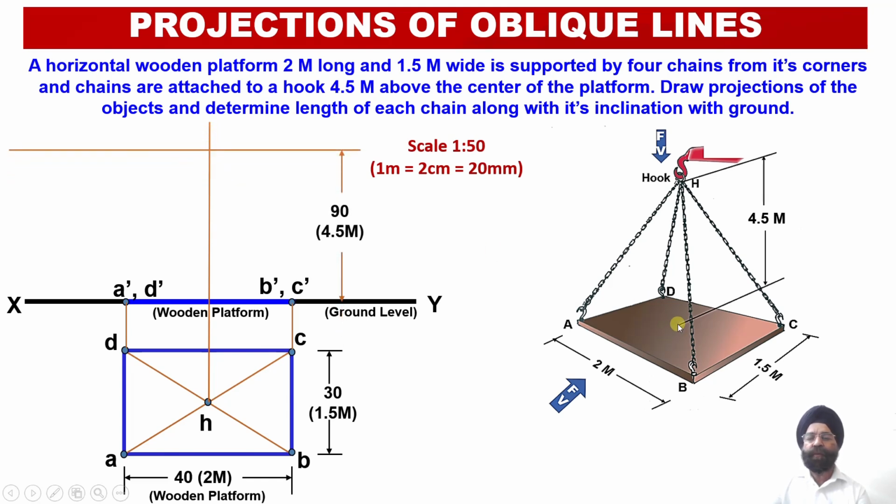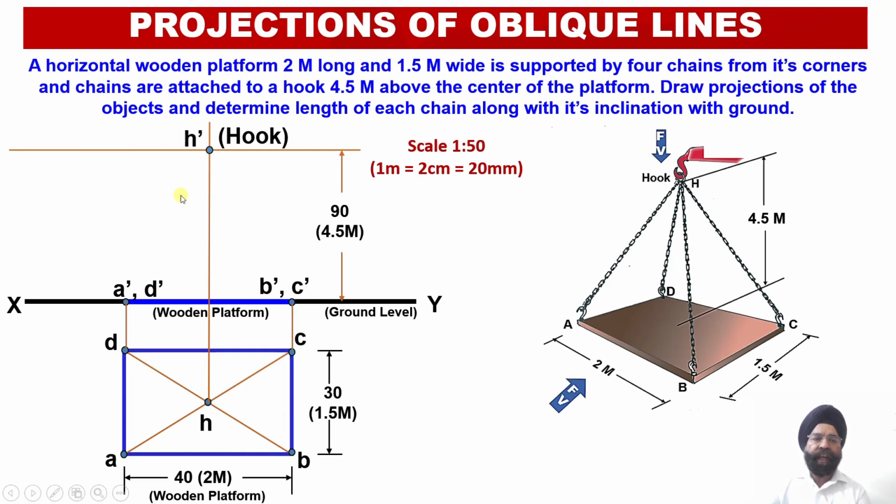Ground means this base of the wooden platform over here. Once we mark this distance equal to 90 millimeter, which corresponds to 4.5 meters, we will be able to obtain the location of this hook in the front view. So H dash has been located, and A dash, B dash, C dash and D dash points have been located.